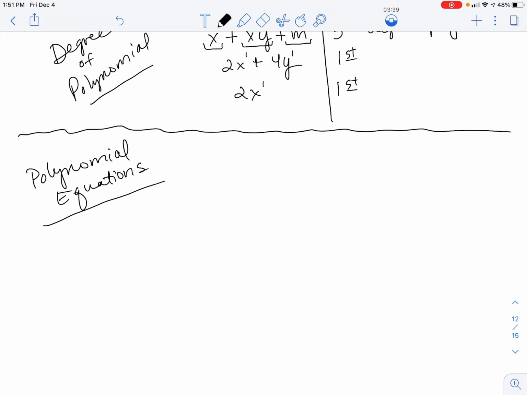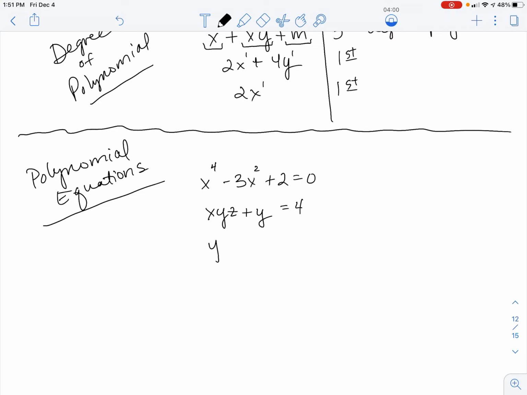We're going to decide what degree equation this polynomial equation is. So let's say we have x to the 4th minus 3x squared plus 2 equals 0. Let's have xyz plus y equals 4, and y equals 2x plus 4.